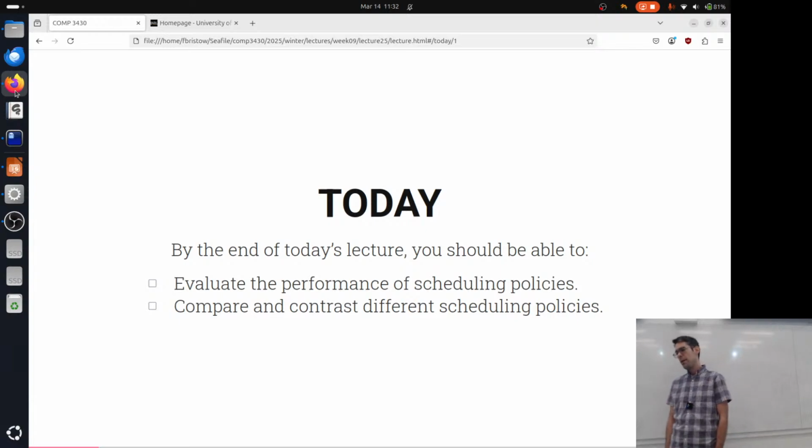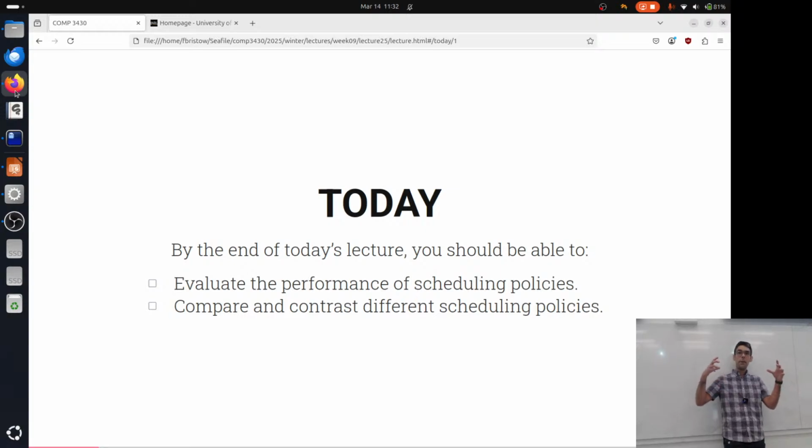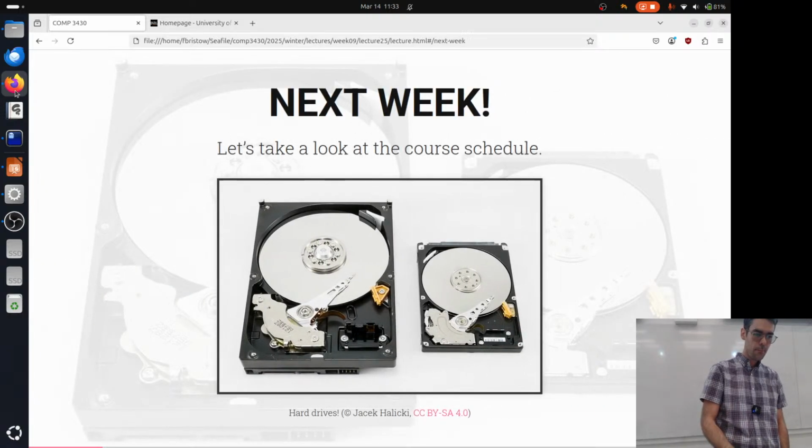Ultimately, the goal is to be able to say, this is the workload that I'm expecting, and so I'm going to pick a policy like this one to run these tasks through it. But minimally for today, I want to take the performance that we got from the scheduling policies for this workload and then compare them to each other. So how does this workload work under this specific scheduling policy?